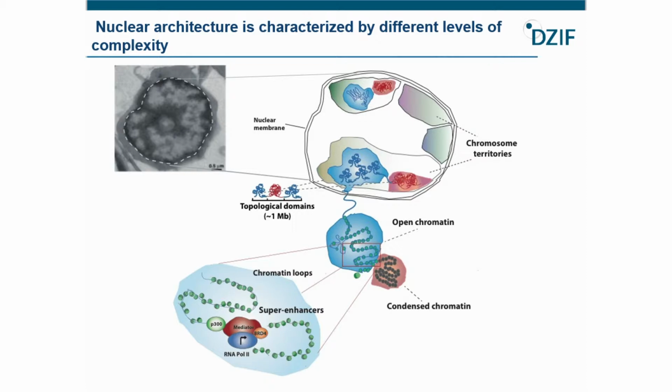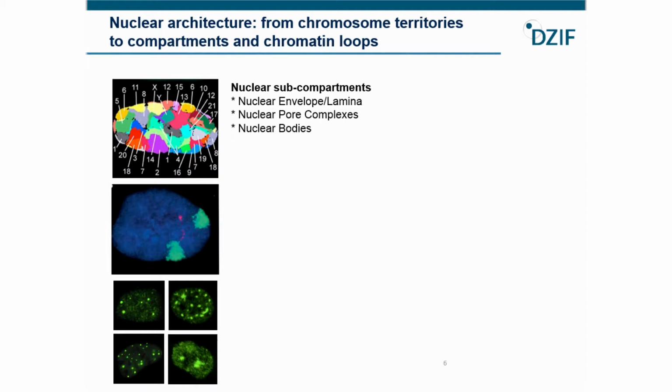Of particular importance are the further interactions occurring in these compartments, especially interactions between super enhancers. Those are regulatory regions which allow transcription, and are known to allow transcription of cell type specific genes.